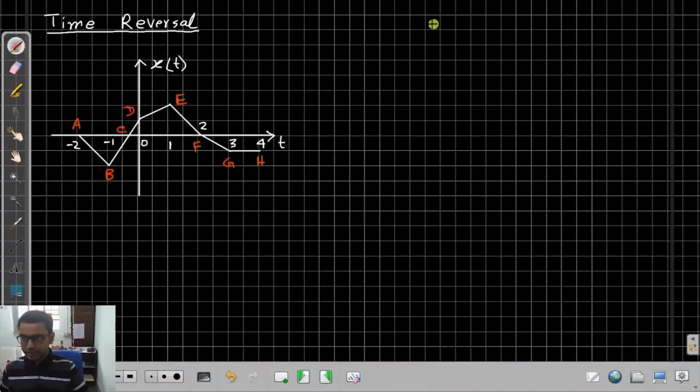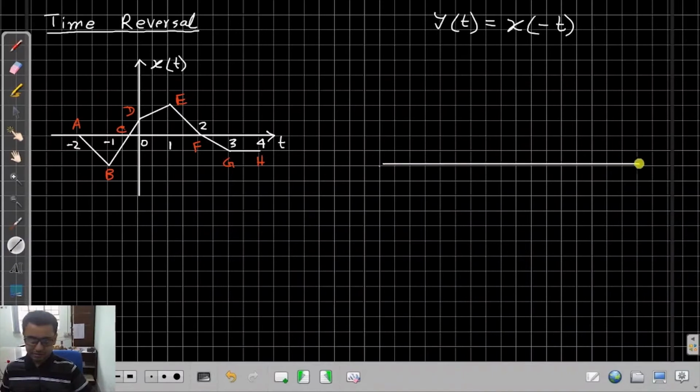And now let us define yt is equal to x of minus t, and let us ask how will the graph look like. So let us try. Time axis versus amplitude, t versus yt equals x of minus t.